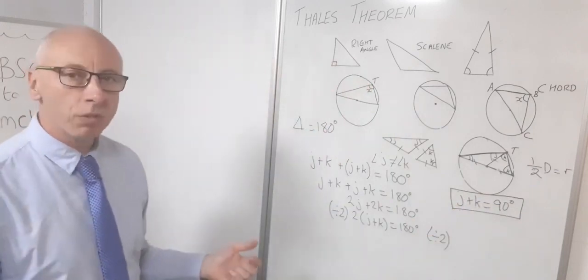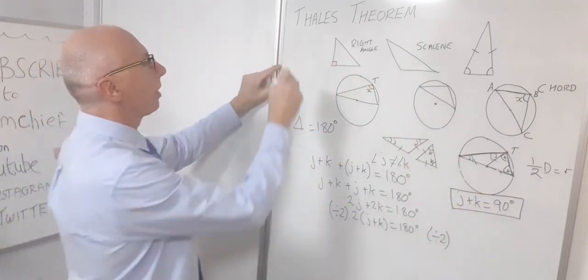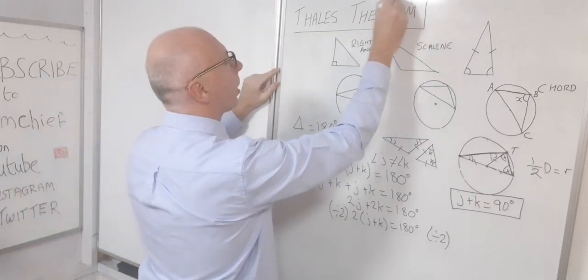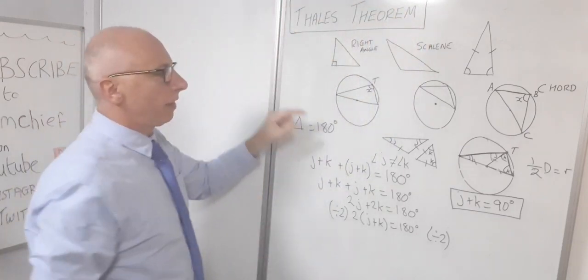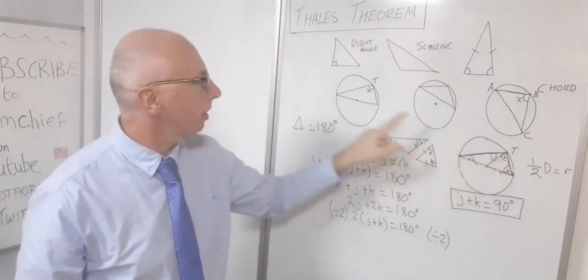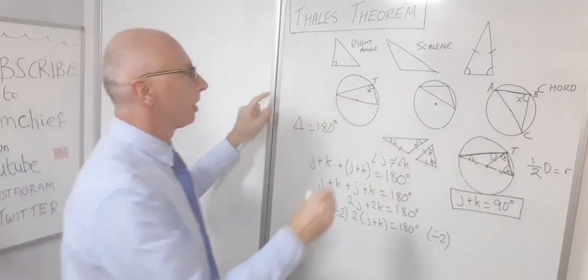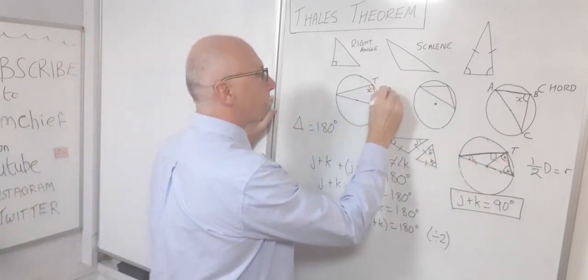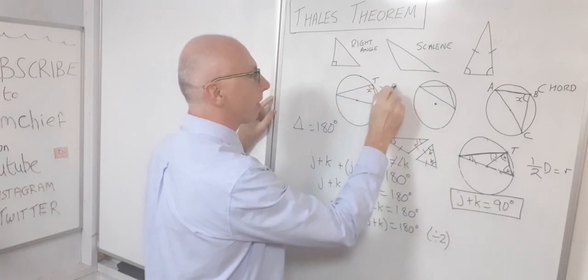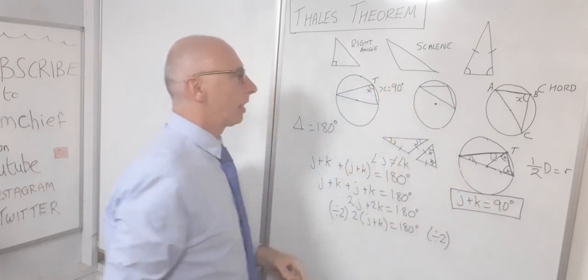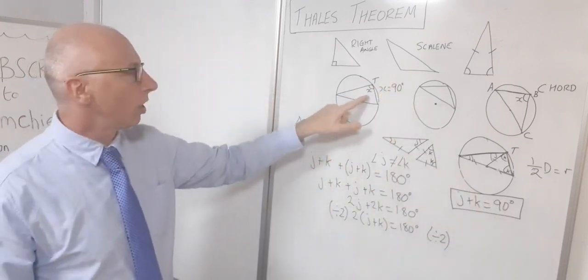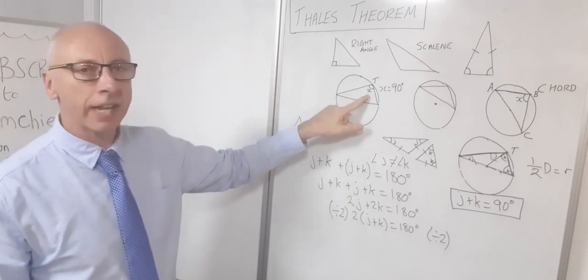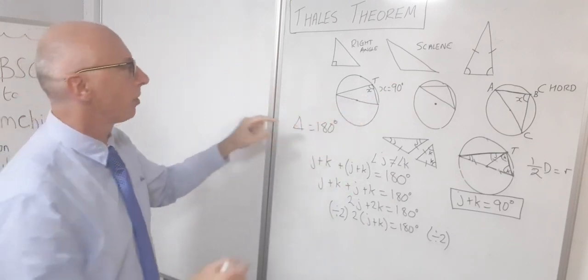And now we've shown a proof of Thales theorem, which shows that this angle here, J plus K, which is our angle X, so here X equals 90 degrees. Now wherever we draw our triangle, our angle X is always going to be 90 degrees.